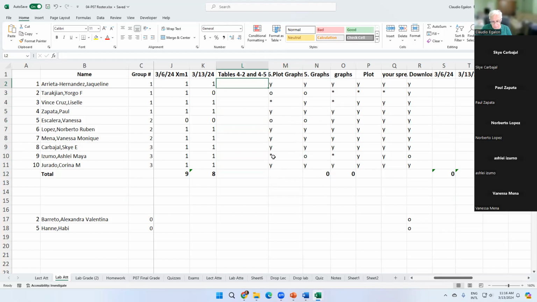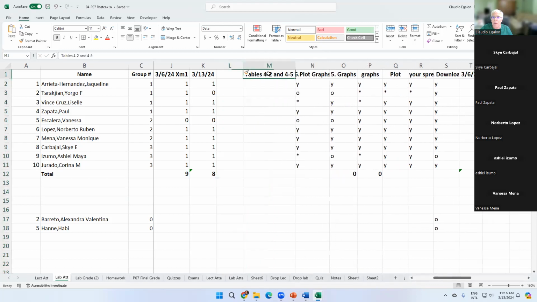So let's go for table 4-2 and table 4-3, 4-5, right? Jacqueline, did you fill them up? Let's start one table at a time, otherwise it's too much work. Table 4-2, table 4-5.